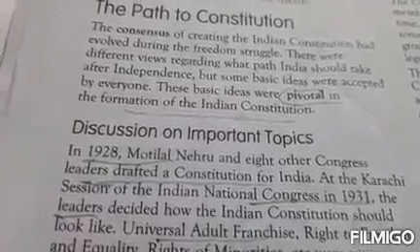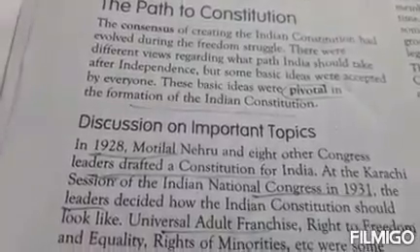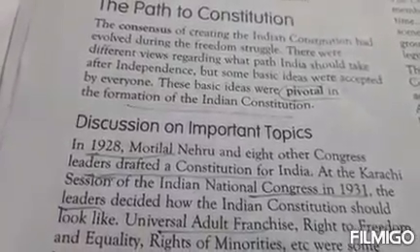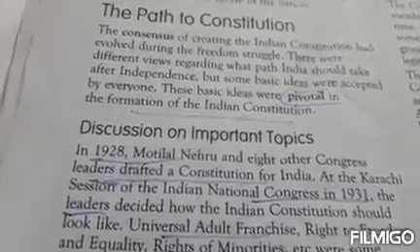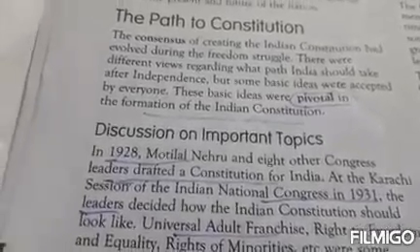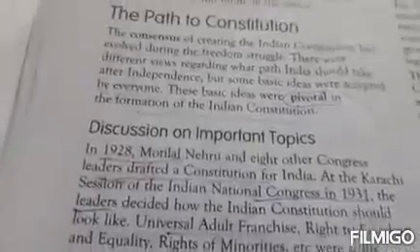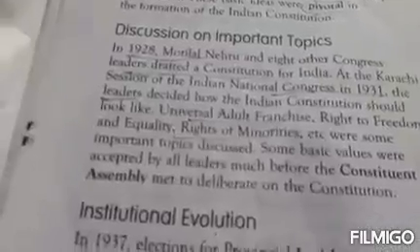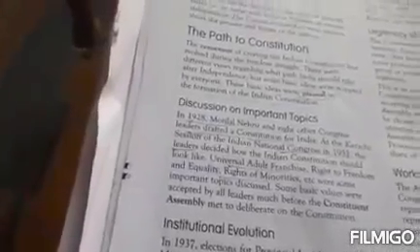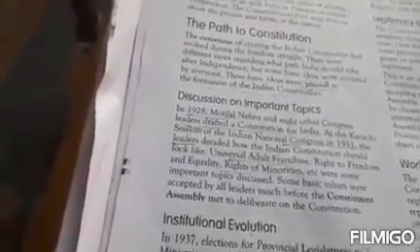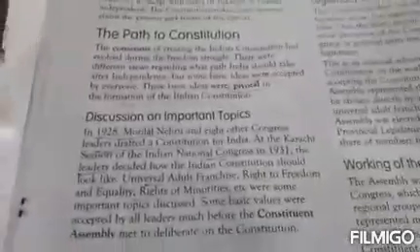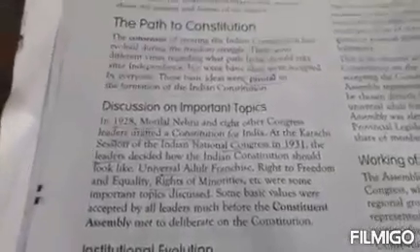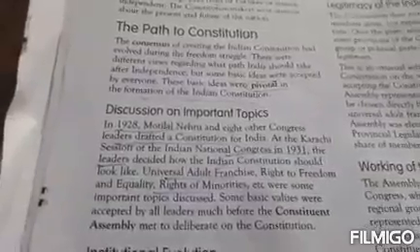So during that time, it was very difficult for the leaders to make a constitution without harming or hurting the feelings of different people. Next, number two is the country was born through the partition. So during the time of independence, the partition was going on between India and Pakistan.